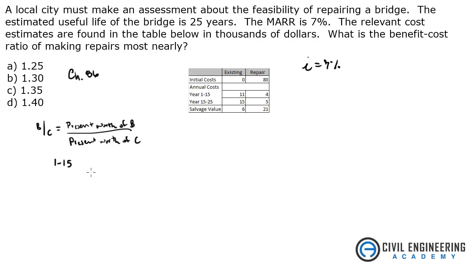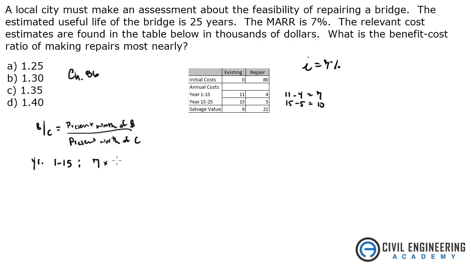We have to figure out that we basically have $7,000 is the difference between years 1 to 15, which is 11 minus 4. Okay, and from years 15 to 25, you have $10,000. These are in thousands of dollars. So for years 1 to 15, we're basically dealing with $7,000.